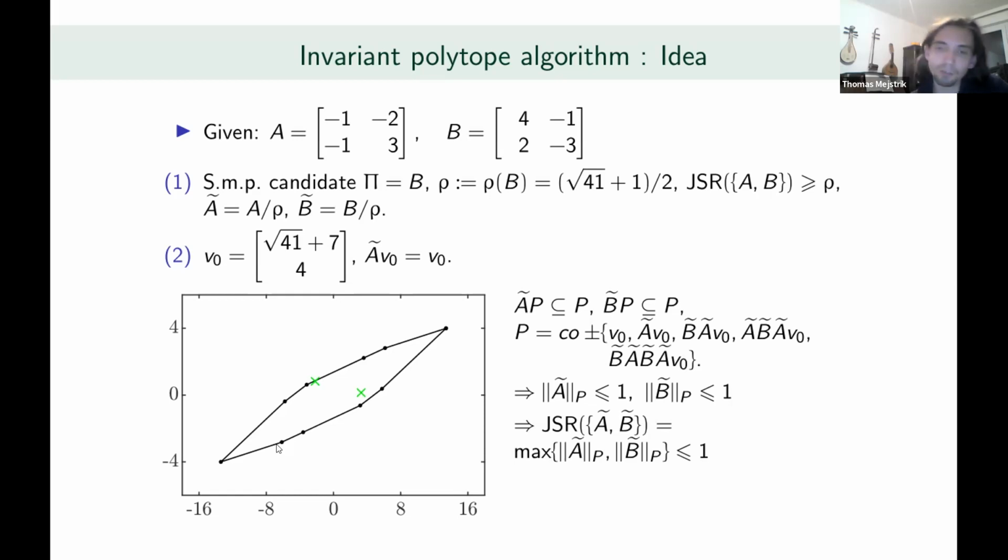This means that the joint spectral radius of those two matrices is less or equal than 1. Equivalently, the joint spectral radius of A and B is less or equal than rho, which is the spectral radius of B. So we have a lower bound rho and an upper bound rho, and we computed the joint spectral radius exactly. So that's the idea of the invariant polytope algorithm.